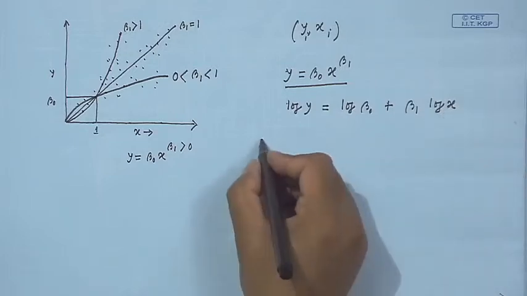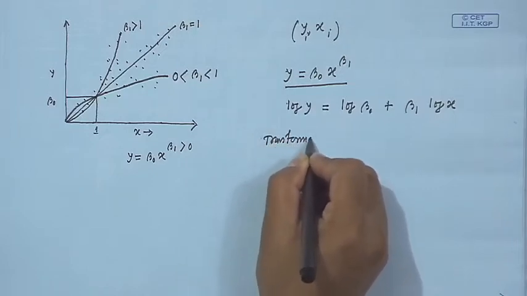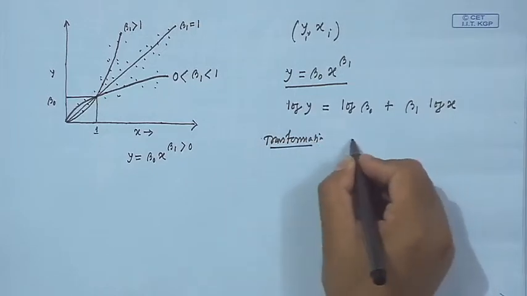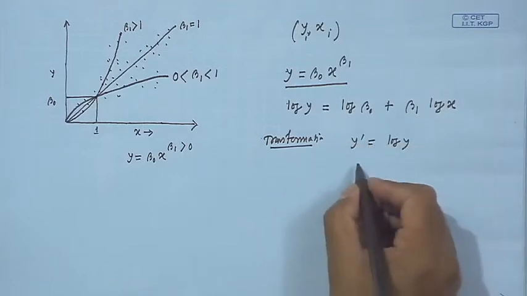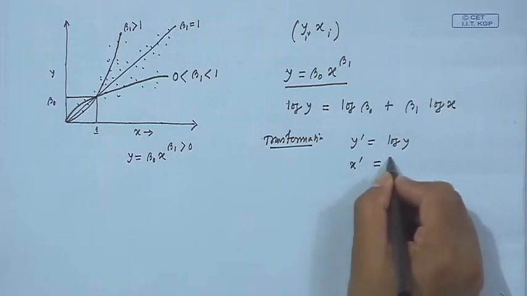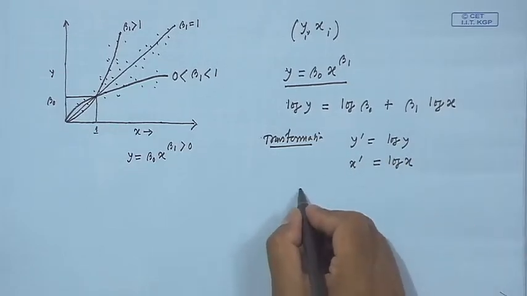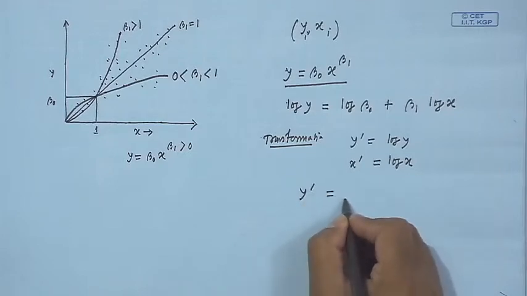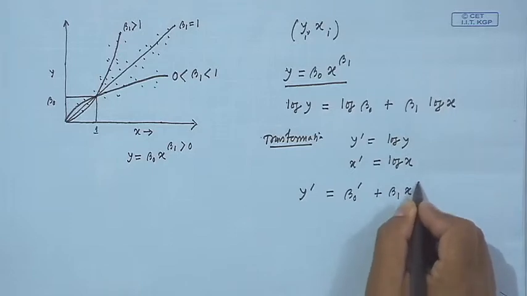The transformations you are choosing are y prime equal to log y and x prime equal to log x, and the final model is y prime equal to beta naught prime plus beta 1 x prime.